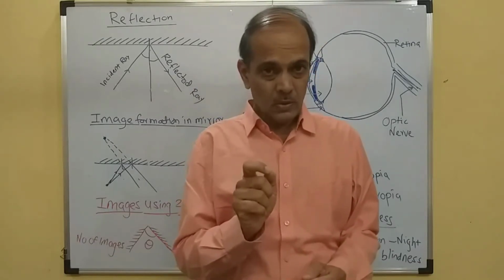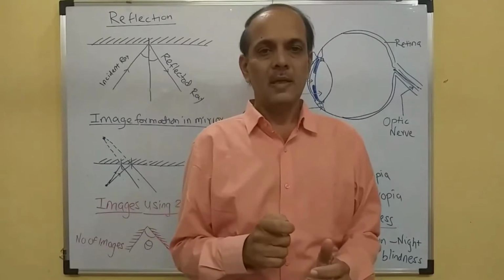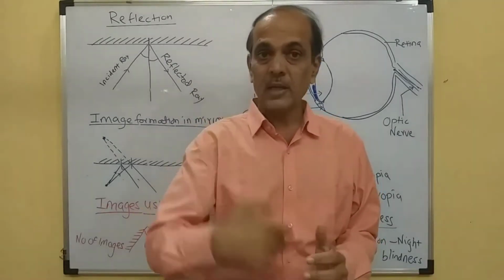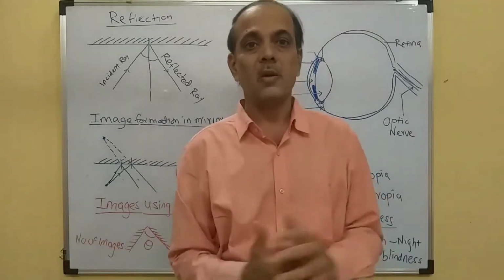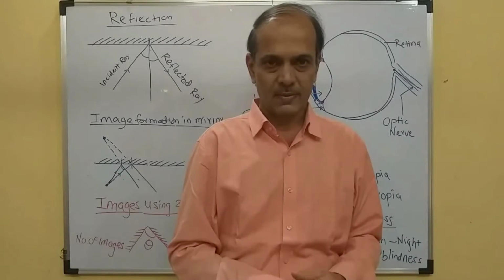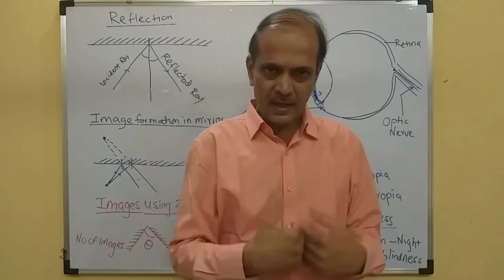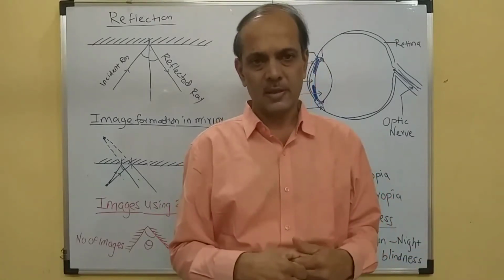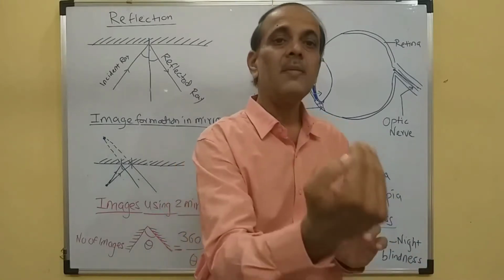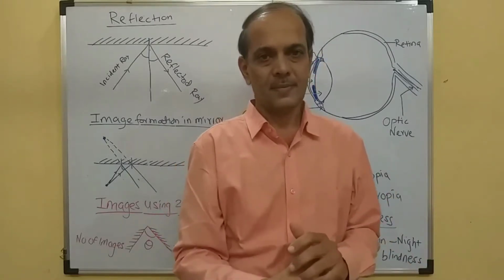So, to make anything visible, that object should reflect the light. You never flash a torch in your eyes and look for keys around you. You always have to flash the torch onto the objects and the reflected rays come to your eyes. Say you are in the dark, the object is in bright light, you can see it.